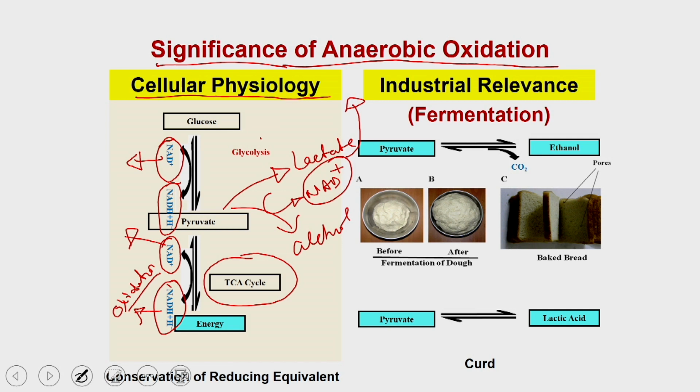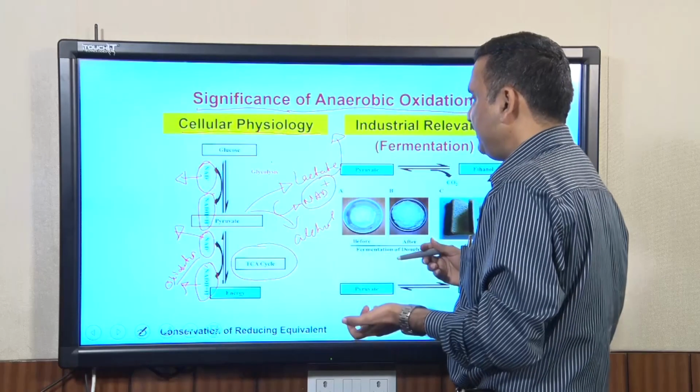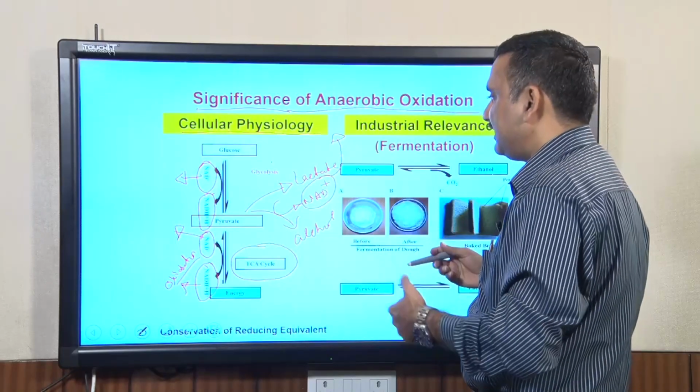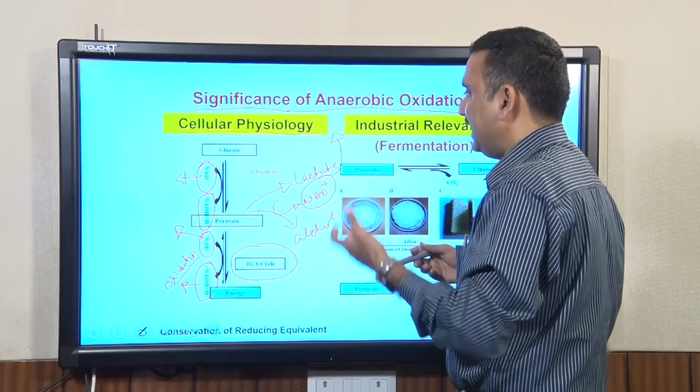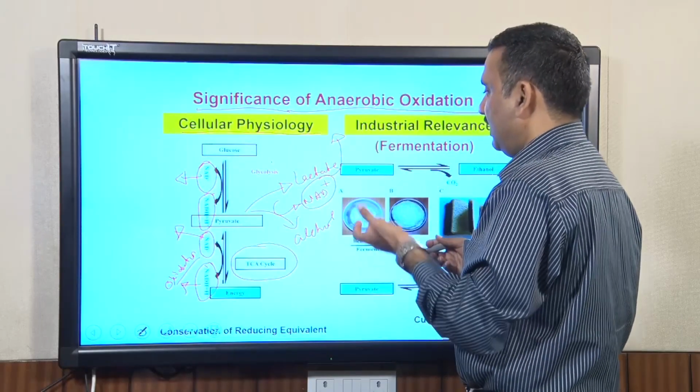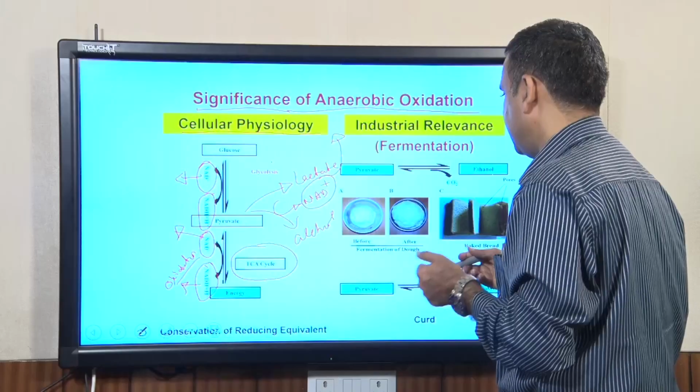That actually helps the cell to survive for a longer period of time, and also allows the cell to withstand the stress which is generated in the absence of oxygen.